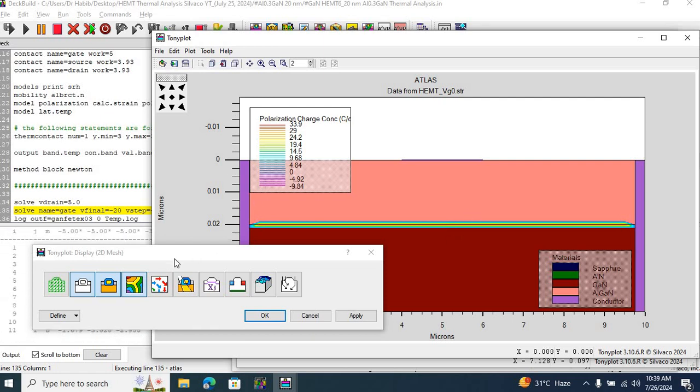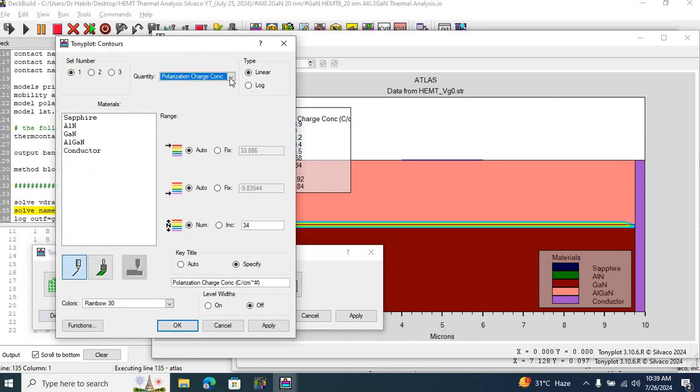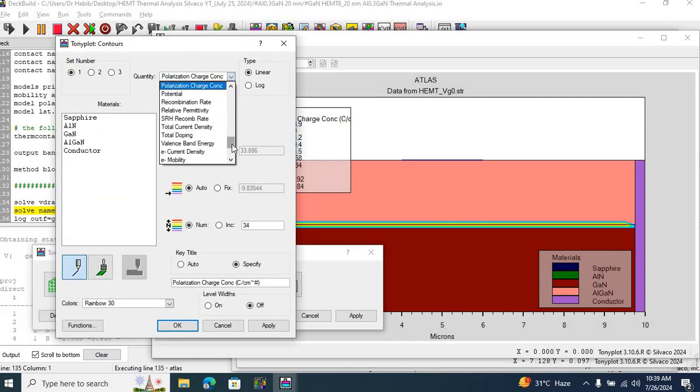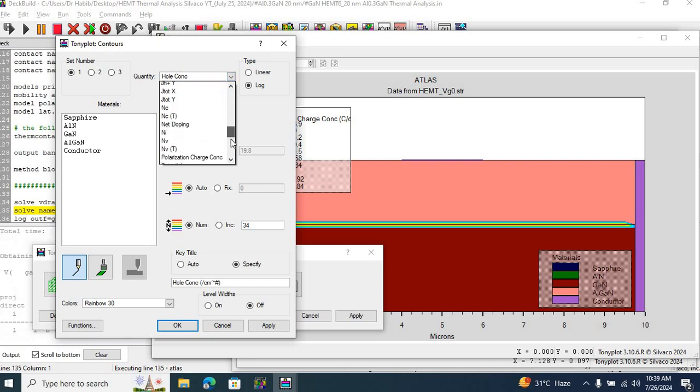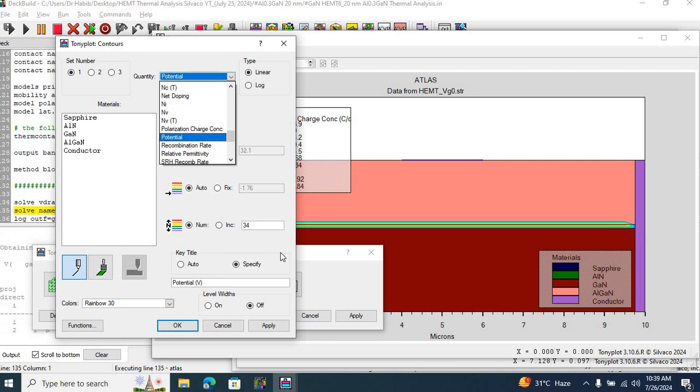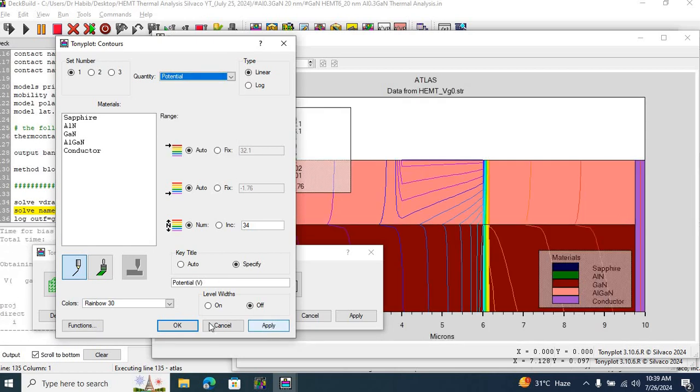So similarly, you can see the potentials across the structure and a lot of other things displayed over here. Like for example, if you want to look at the potential, you click on this.